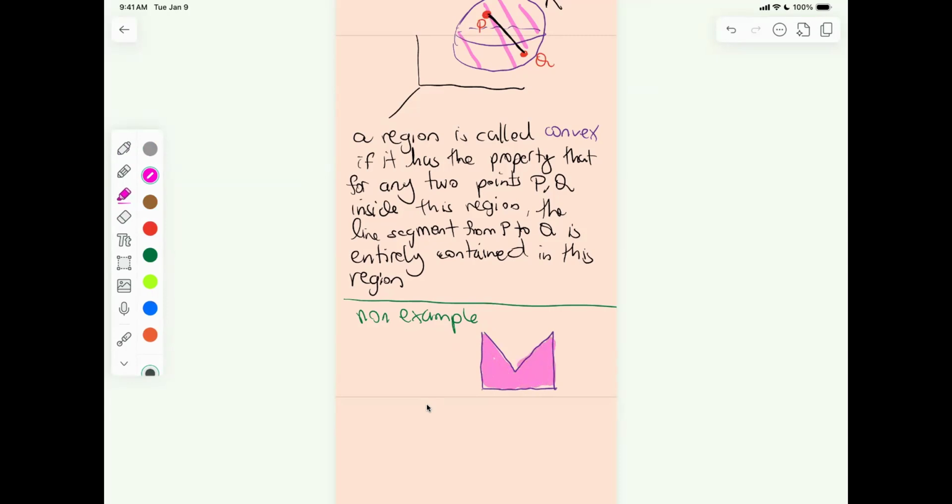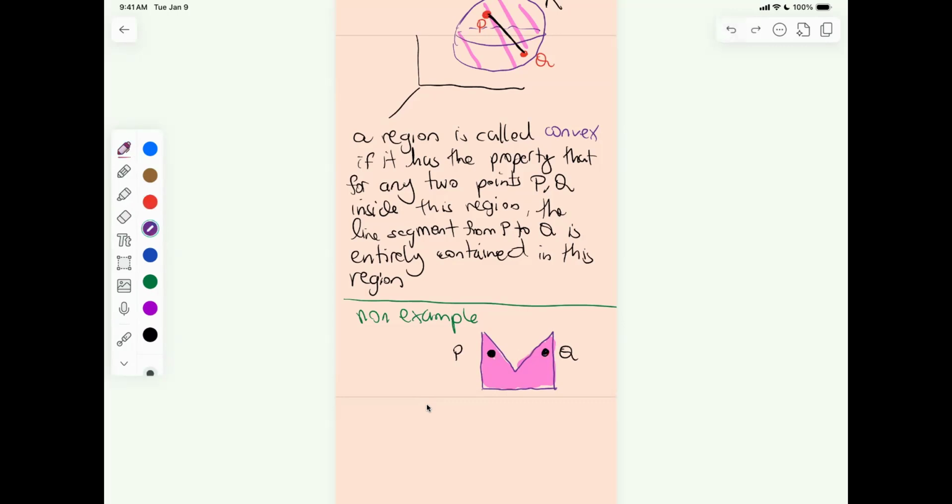Okay, so I could ask you just based on the picture, should that be convex or not? And the answer is that it's not convex because, for example, if you choose these 2 points and try to connect them with a line segment, sorry, let me use a different color.